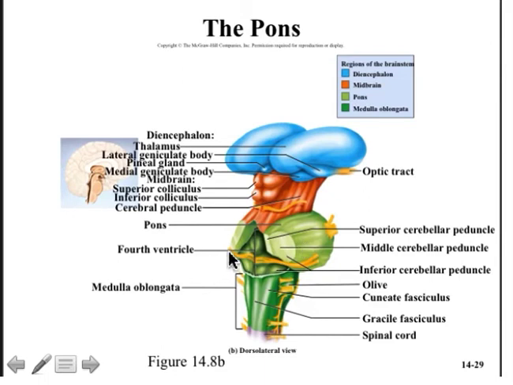If we were to look at the open space that is deep to the peduncles, what you'd note is that the fourth ventricle occupies this space. And if you remember from our discussion on the ventricles of the brain, this is one of the many places where cerebrospinal fluid is generated.